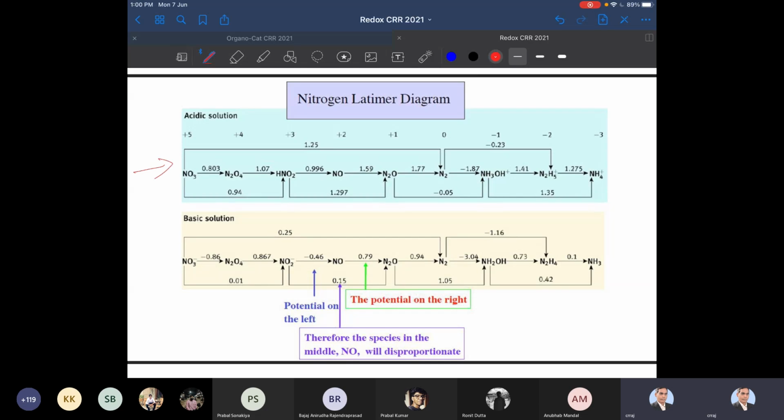Look at each and every potential. Start from NH4, N2H5 plus, NH3OH plus, N2, N2O, NO, and then you yourself pick up the species which can, in principle, whether experimentally it goes or not doesn't matter.